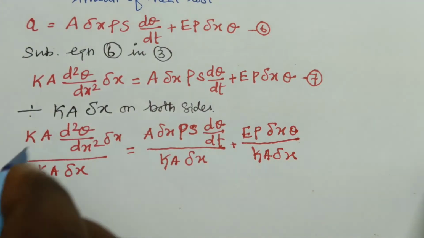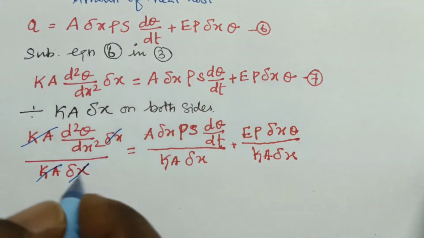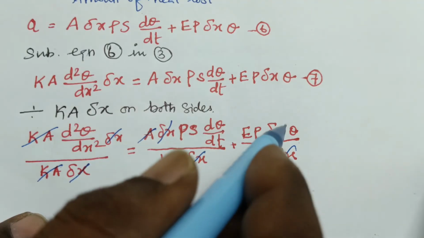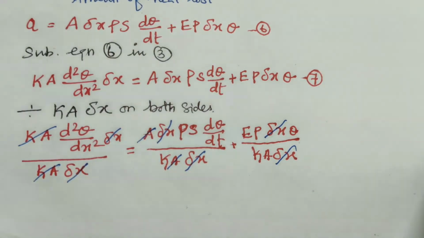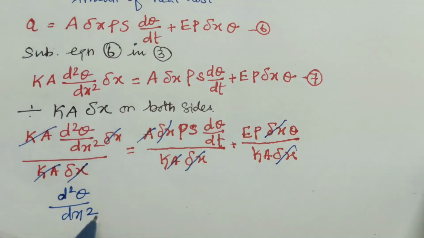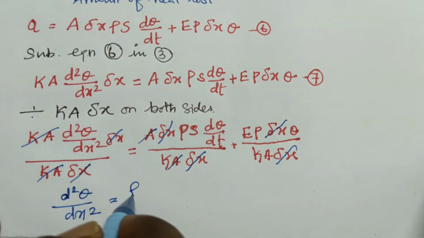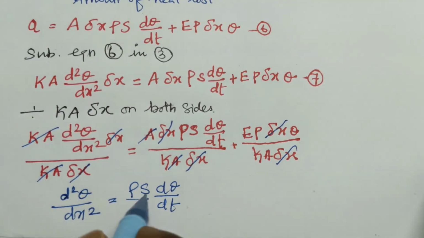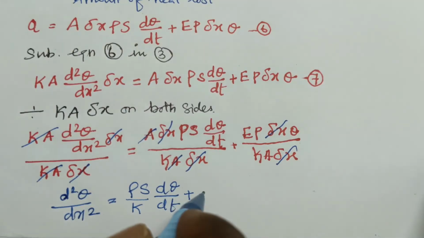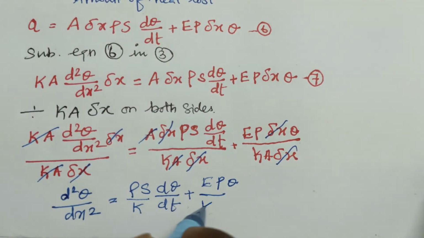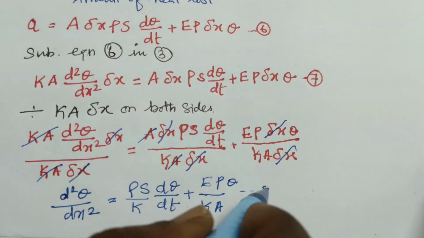Now you can simplify that. K, A, del x cancel out, then remaining d square theta divided by dx square equal to, that is, rho s by K into d theta by dt plus E P theta by K A. So equation number 8.